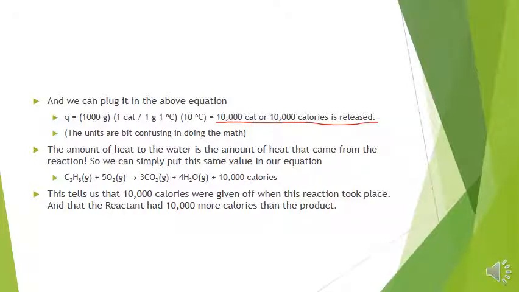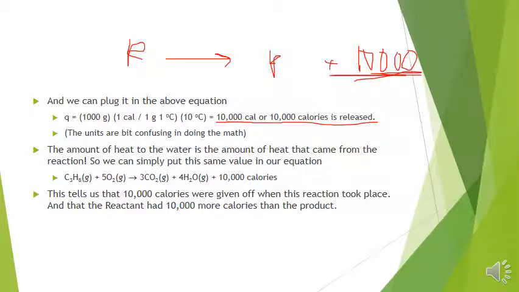So 10,000 calories are released in this reaction. When the reactant goes to the product, it gives off 10,000 calories, and that amount is the difference in these two enthalpies. You don't have to worry about it.